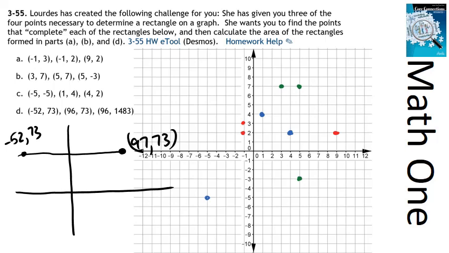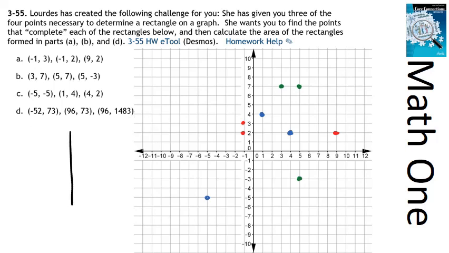Okay, so I'm not going to go all the way up here, but it is 96. This was supposed to be a 96, not 97. 96, 73, because now I'm at 96, and then I'm at this large number, 96, 1,483. This looks just terrible. Let me clear that and sketch it one more time. I'm going to try it one more time.